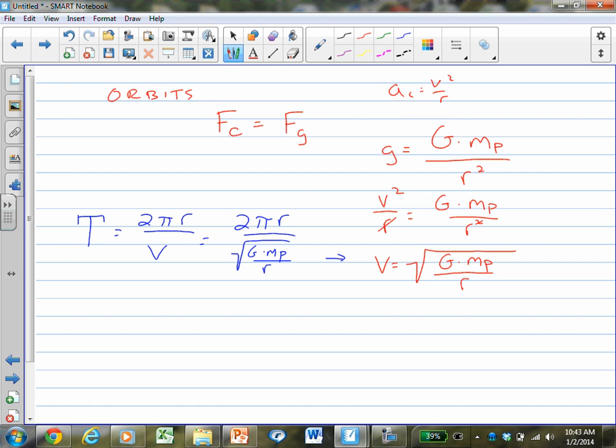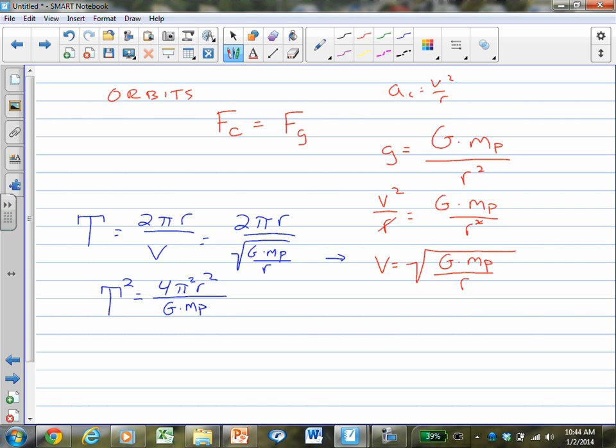Now, if we square both sides, we get T squared is 4 pi squared r squared, since the square of the square root goes away.